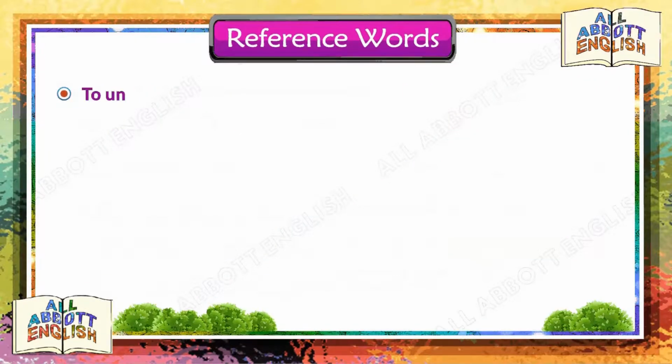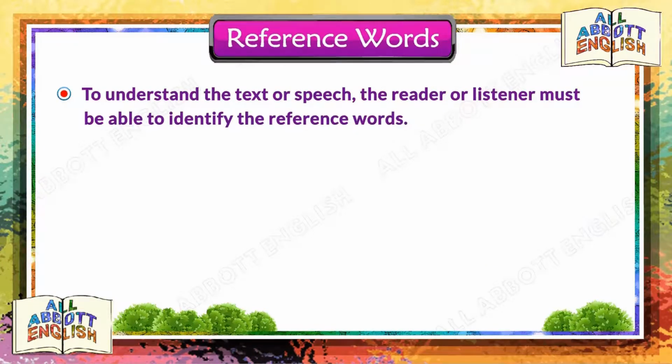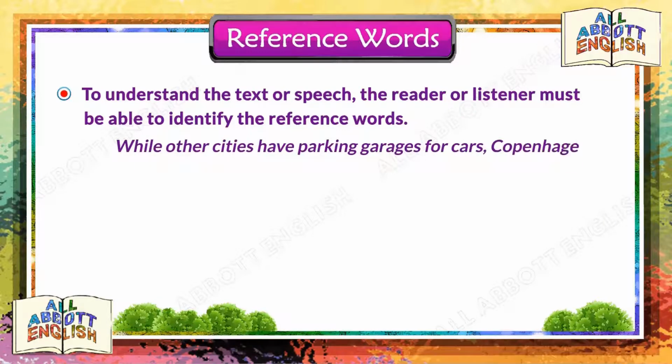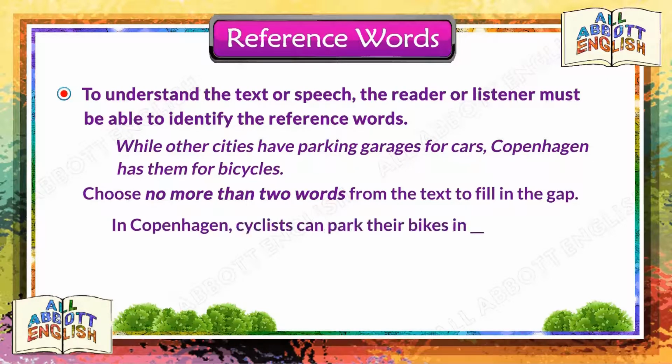To understand the text, or speech, the reader or listener must be able to identify the reference words. For this question, choose no more than 2 words for your answer.